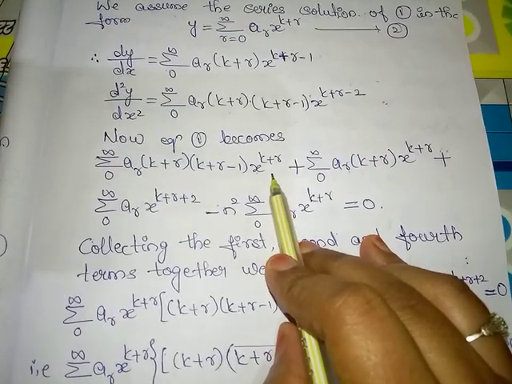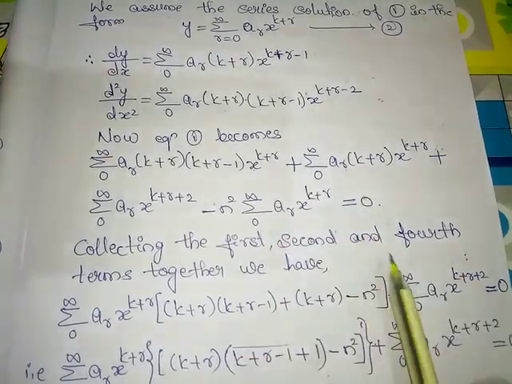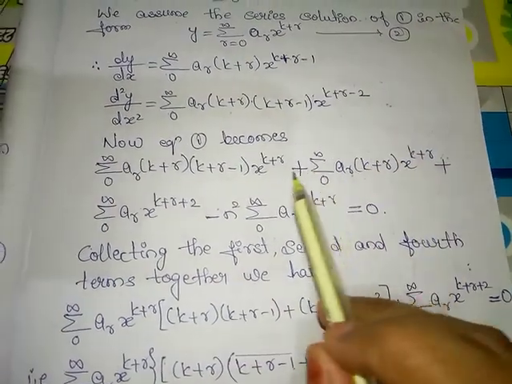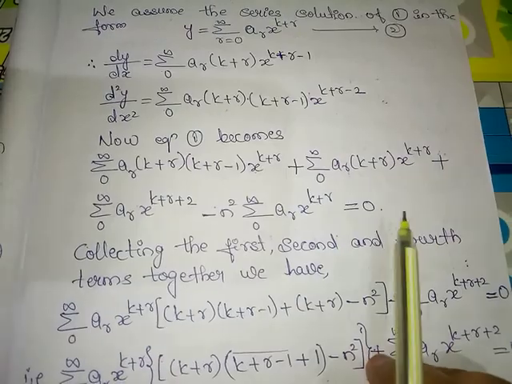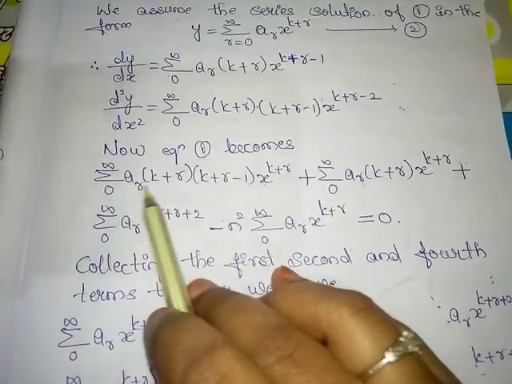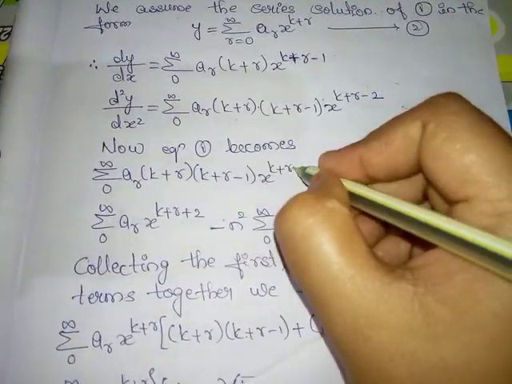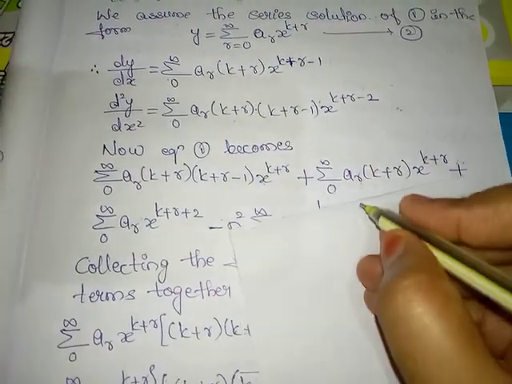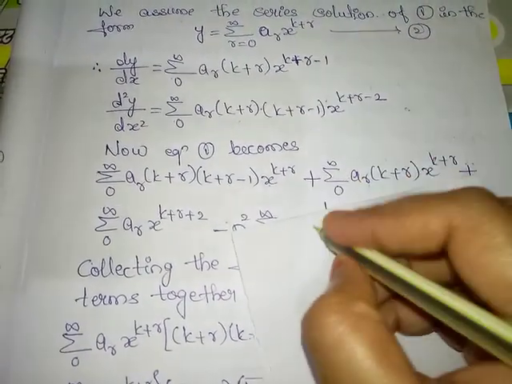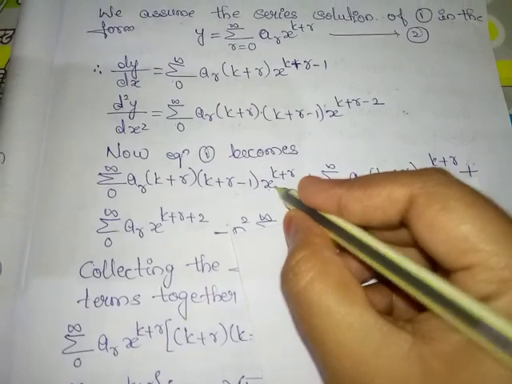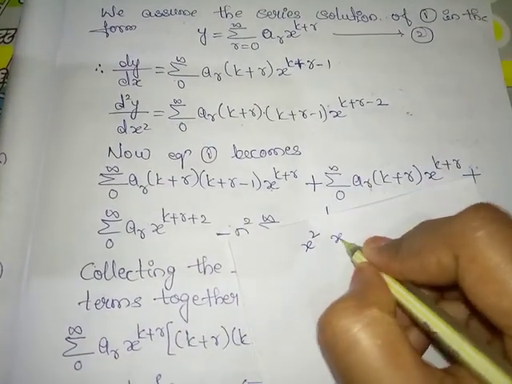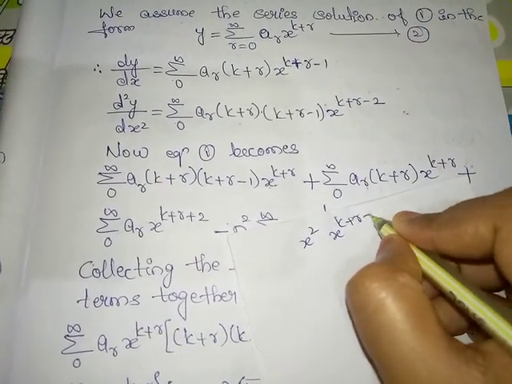Here we are taking only k plus r. Why? Because in the differential equation we have x square into d square y by dx square, where d square y by dx square has x raised to k plus r minus 2, but the coefficient of d square y by dx square is x square.